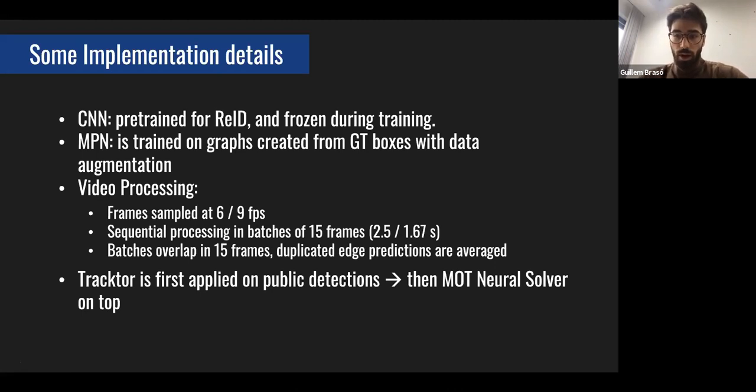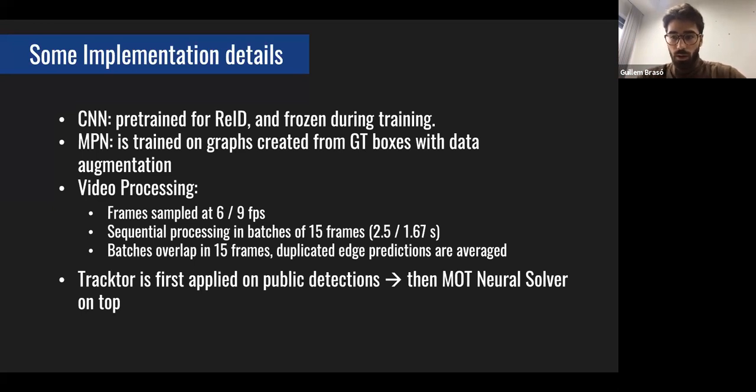But this is why we have Tractor. Again, this is the paper that I was talking about before. Before we create our graphs, we just run Tractor on the detections. This gives us a much more precise set of bounding boxes, because Tractor is somehow robust against motion blur, and hopefully the boxes do not suffer so much from this kind of problem.